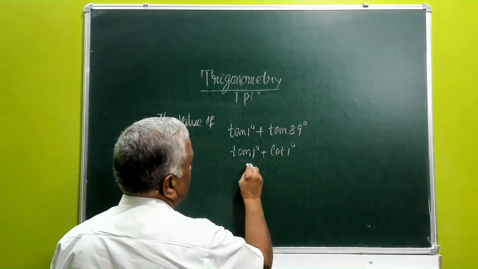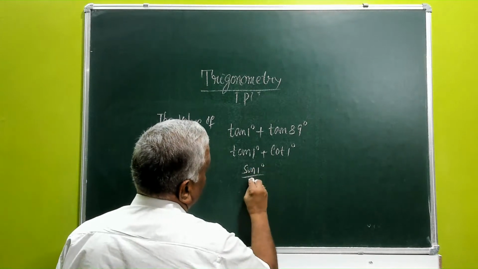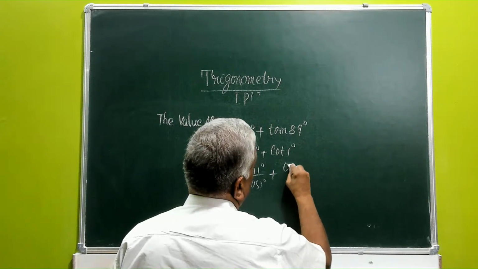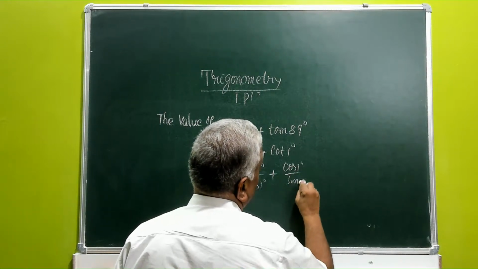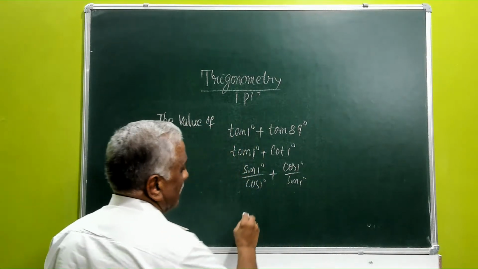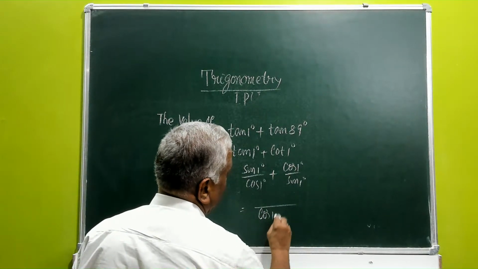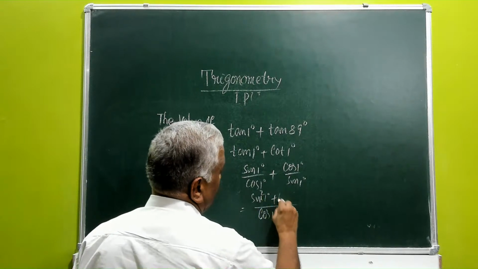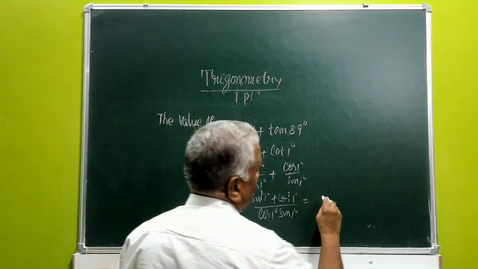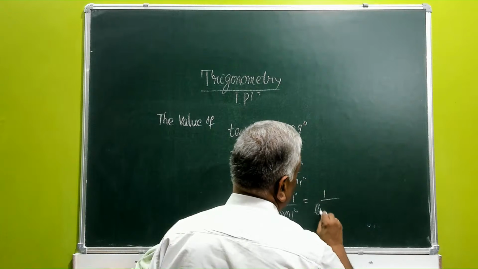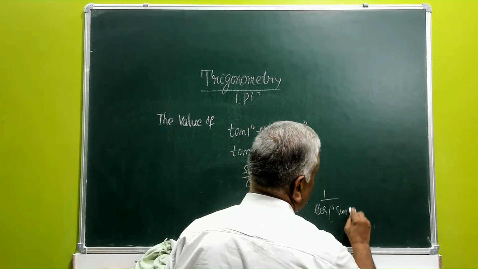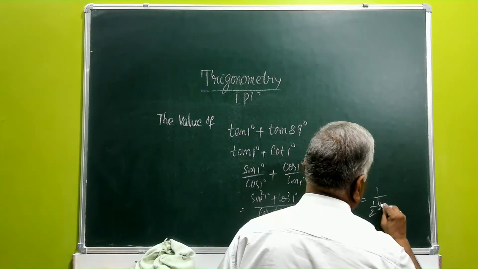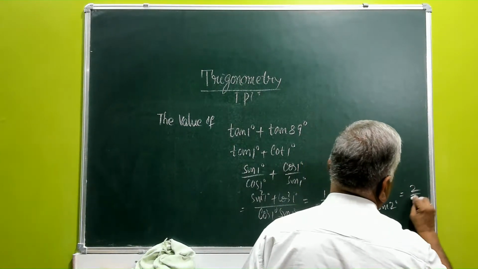So you can write this as sin 1 degrees by cos 1 degrees plus cos 1 degrees by sin 1 degrees. Take the LCM, cos 1 degrees into sin 1 degrees, sin square 1 degrees plus cos square 1 degrees, that is 1 over cos 1 degrees into sin 1 degrees, that is 1 over half sin 2 degrees, that is 2 over sin 2 degrees.